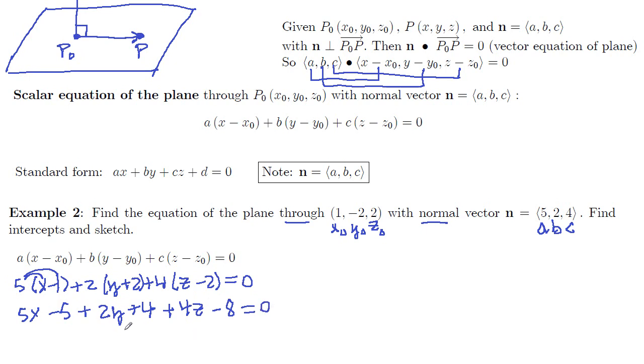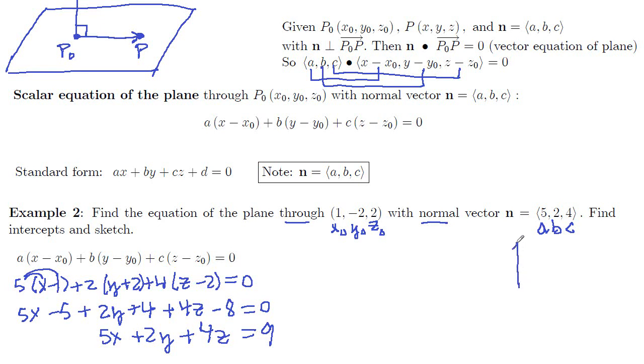Let's go ahead and take all the numbers over on the right-hand side. So 5x plus 2y plus 4z will equal negative 5 and positive 4 is negative 1 and negative 8 is negative 9. Bring it over on the right, positive 9. So now we can find intercepts, and that's how we'll sketch the plane.